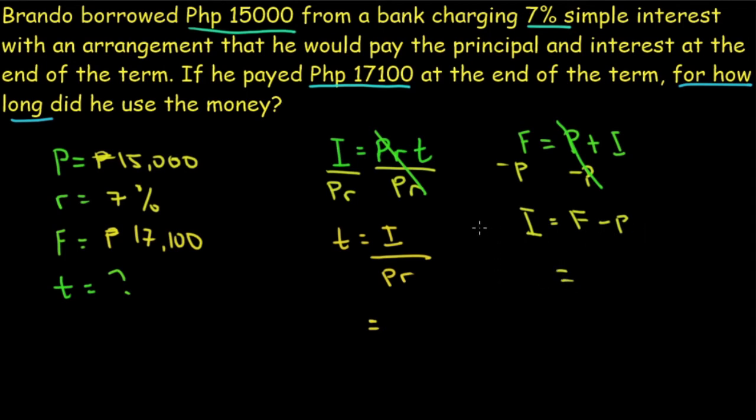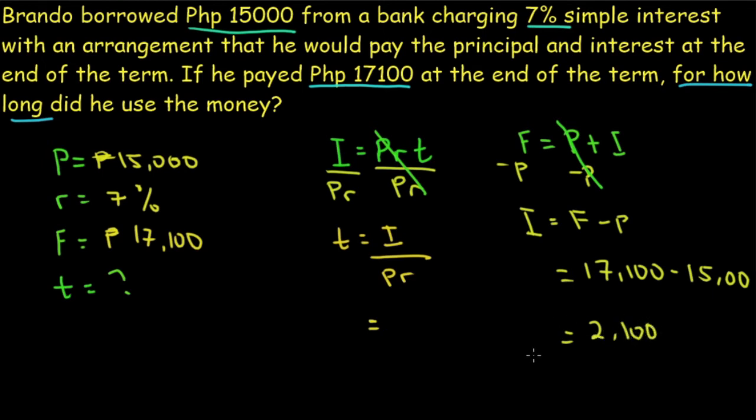Yan. So, yan na yung mga equation na gagamitin natin. Now, we can plug in. Let's solve for I para mahanap natin yung hinahanap ng problem, which is the time, yung t. So, F natin is 17,100 subtracted by the principal amount of 15,000. Yan. So, makuha natin dito is 2,100 pesos.